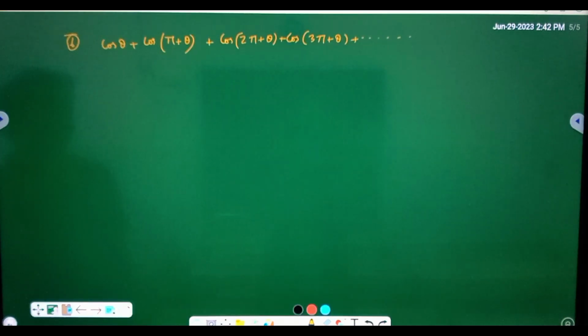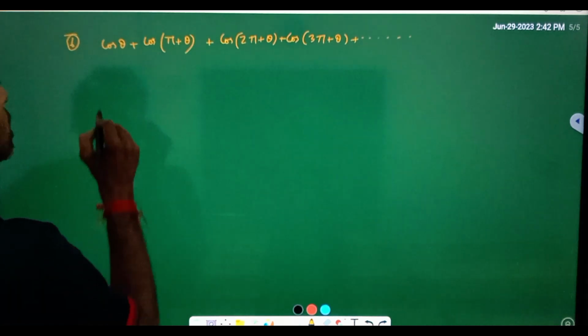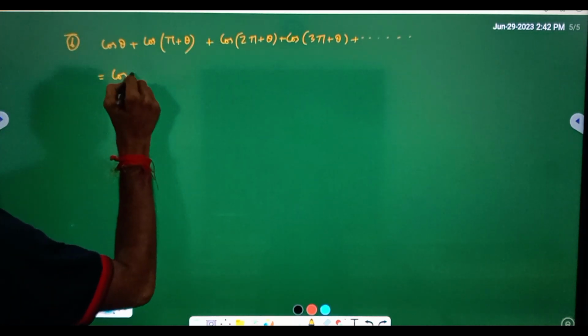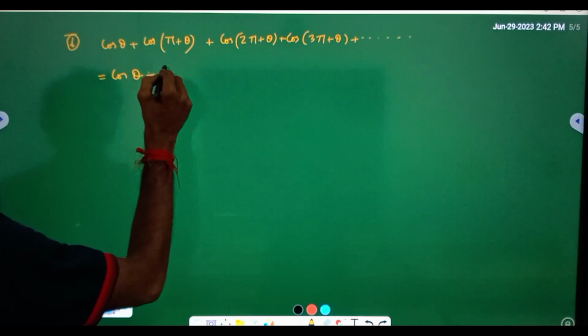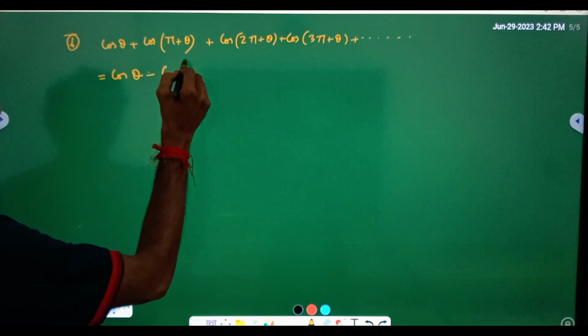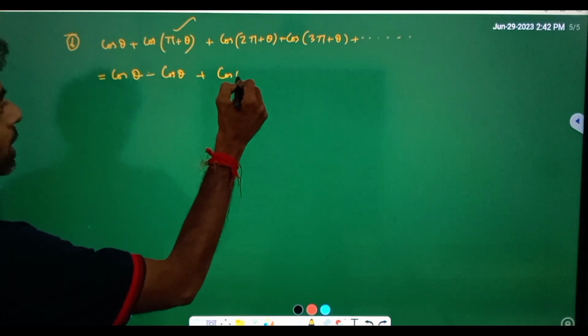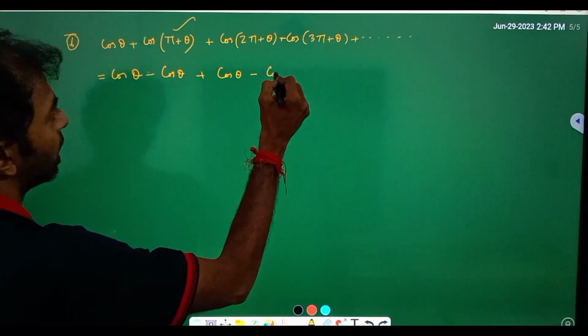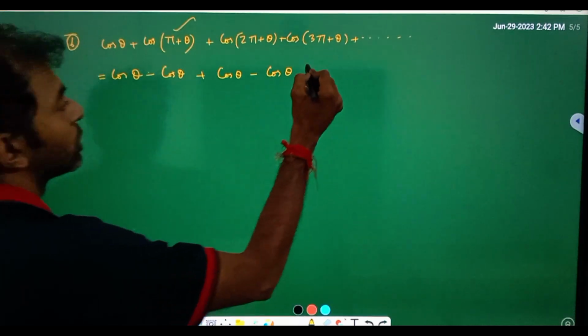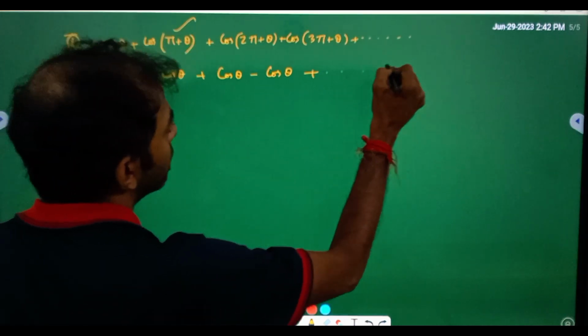You need to find the sum of this series. Okay, so the result: cos theta, then cos of pi plus theta. We all know that's going to be minus cos theta because it's in the third quadrant. Here you are going to find cos theta also, and here you are going to find minus cos theta, and so on and so on.